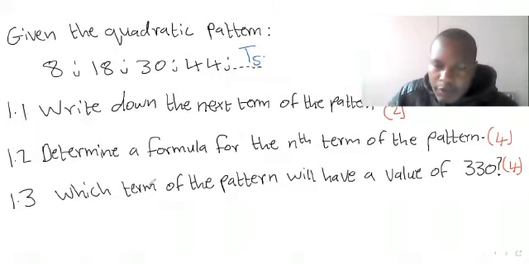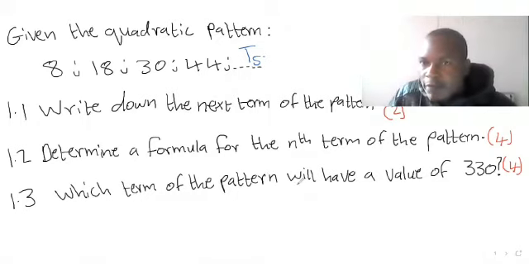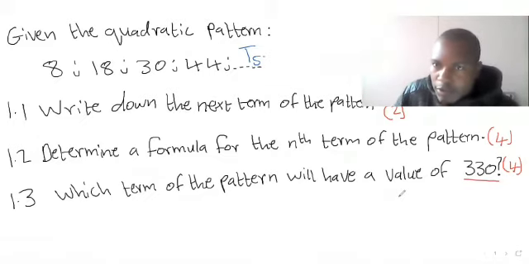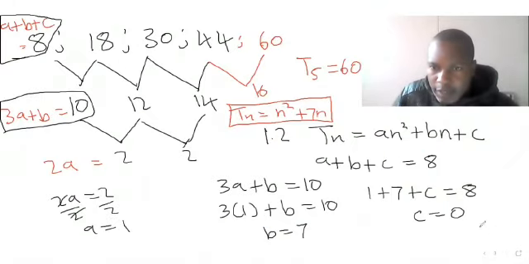Now our 1.3 says which term of the pattern will have a value of 330. So we have to equate the 330 to the Tn by making use of the formula. So let's go back to the formula. The formula itself was Tn equals n squared plus 7n.